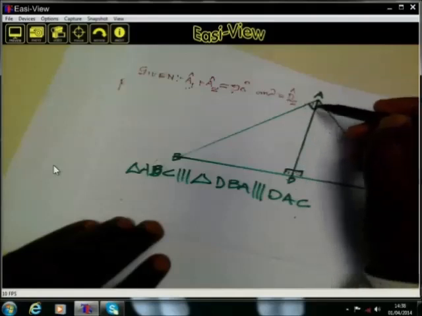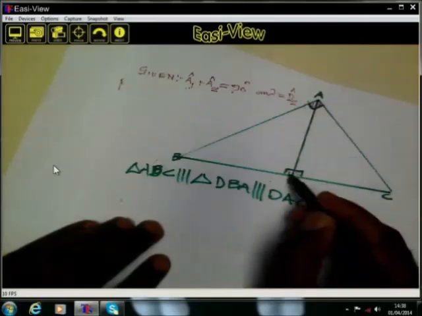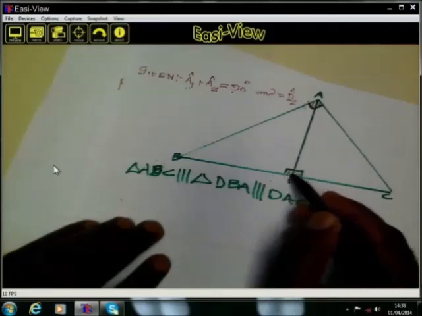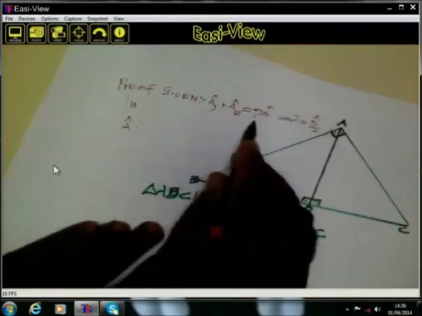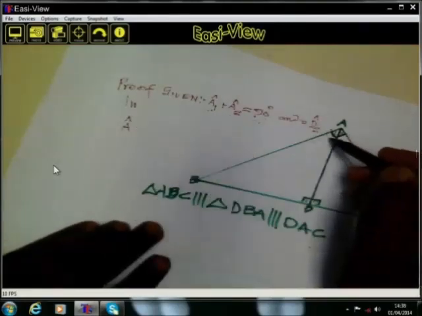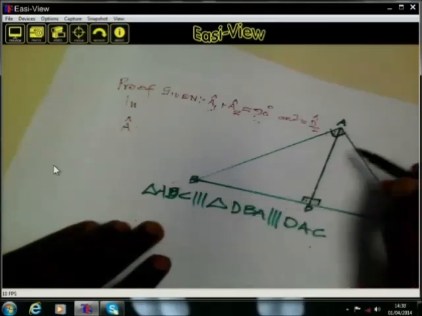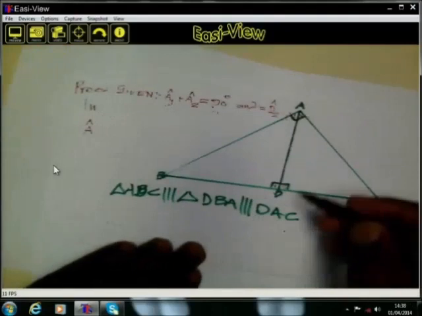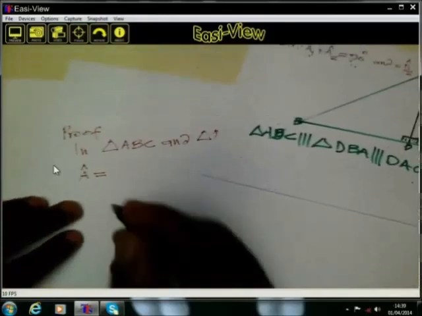Remember, in the bigger triangle, when we started, we said this angle is 90. But we have also spotted that our D1 is also 90. So angle A, that is A1 plus A2, is 90. So the whole of A is 90, and angle D1 will be equal to angle A.